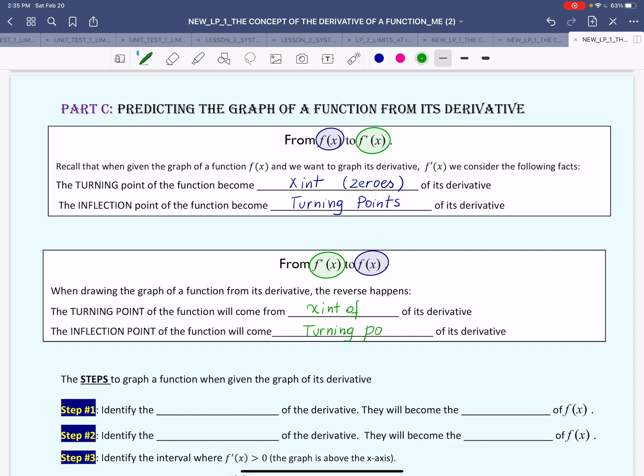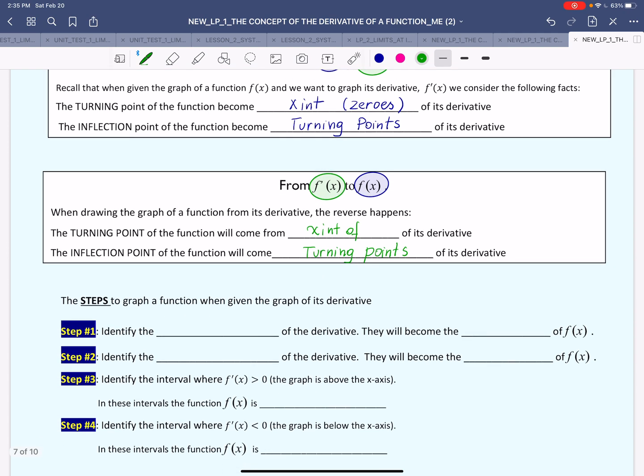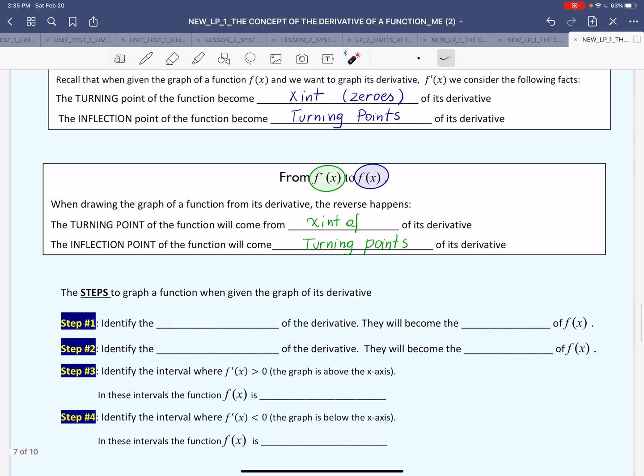So if you are given the derivative of a function, we have to focus on the turning points and the x-intercepts of it. Obviously, I'm guessing that you're thinking a little bit deeper, what happens at the inflection points of the derivative, right? But one thing at a time, so we're going to focus on these two elements for now, okay?